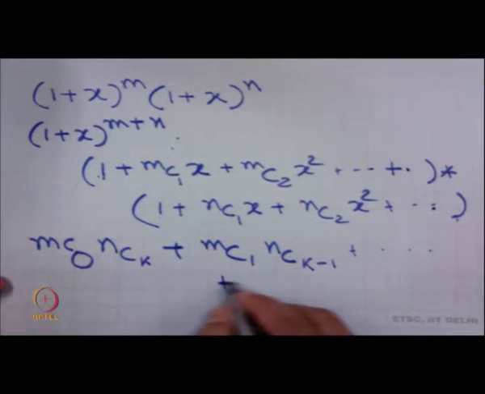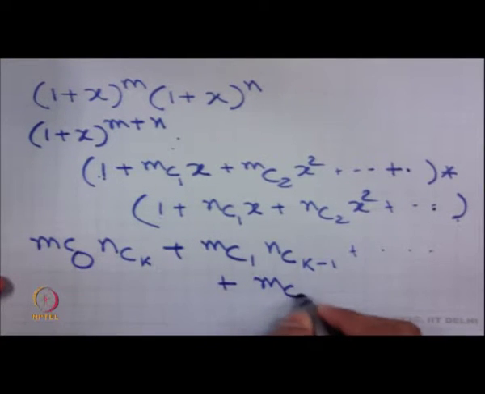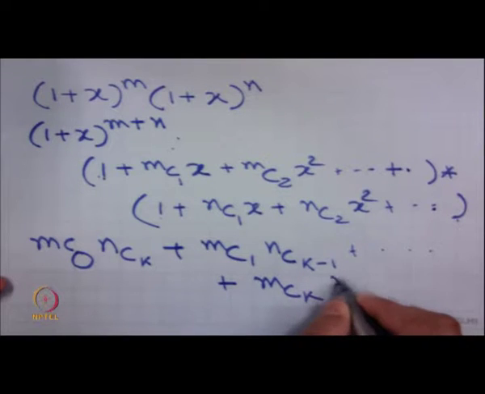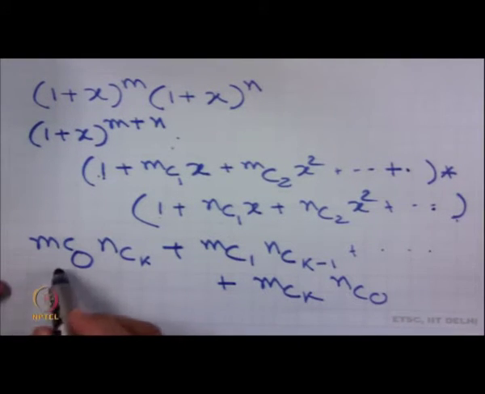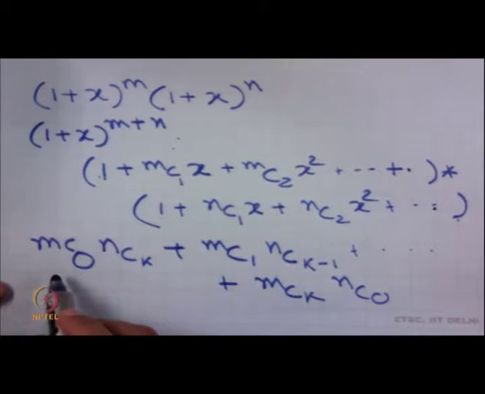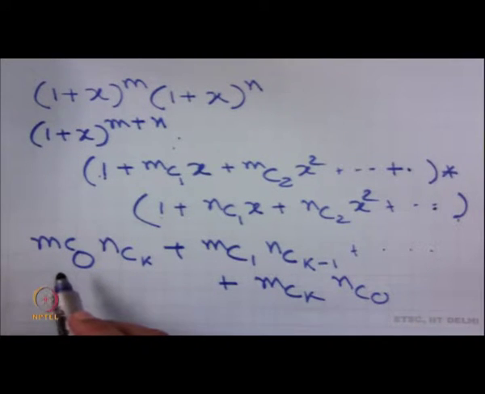So, that is what we are getting as m c k multiplied by n c 0. So, this is precisely the summation that we are talking about.